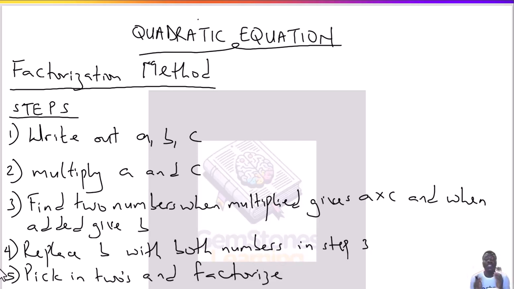If you can follow these 5 simple rules, you can be sure of solving any problem using the factorization method, as long as that quadratic equation is actually factorizable. Not all are factorizable, but if they can be factorized, we work with the factorization method. So let's see the general form of a quadratic equation, how it can appear and how it looks, before solving some wonderful examples.